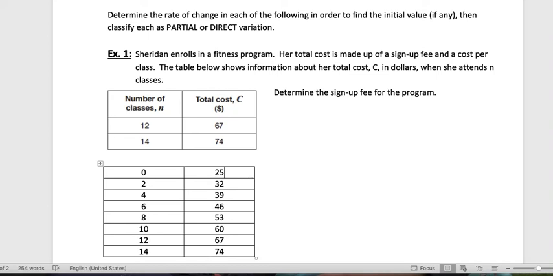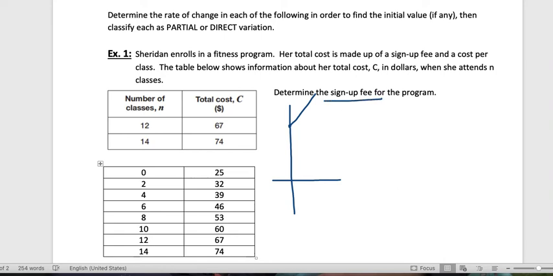If we were to graph that, I'll sketch it quickly. If this is our Cartesian plane, when x is 0, y is 25, so that's a point here, and at 2 we're at 32. Our graph is going to look something like this. The initial value is the sign-up fee.